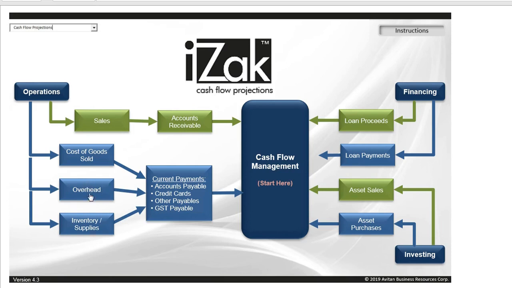You don't have anything to do with it. But your cost of goods have to be updated as well. But again, that gets populated from your sales. So that's easy enough. If you buy any assets, if you sell any assets, that has to be updated. Okay, once you've done that, you're done.